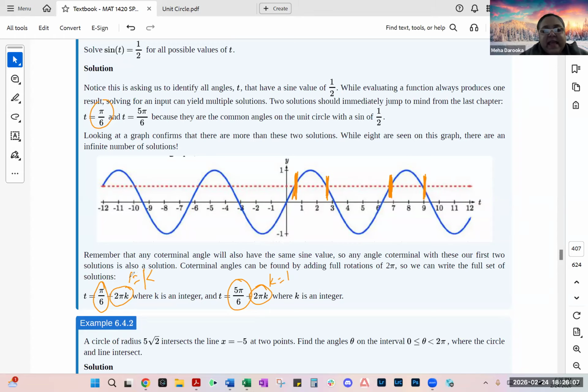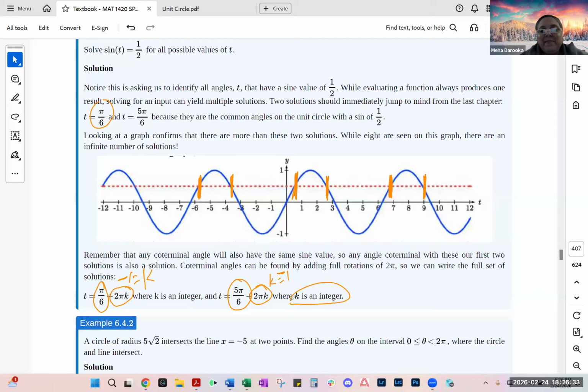If you did k equals -1, well, that means we are going in the clockwise direction, right? So we are going towards the negative angle, which will actually end up giving you this angle over here if k was -1. And same thing here for 5 pi over 6. If k was -1, you go one revolution backwards, and that would bring you to this angle over here.